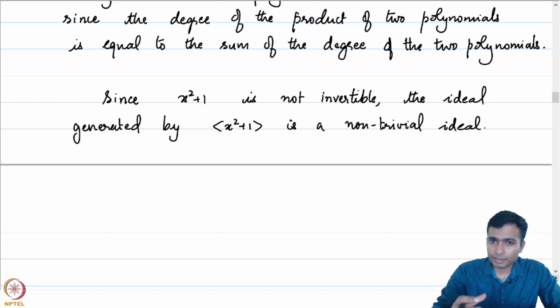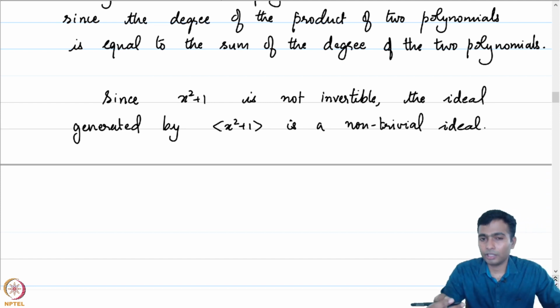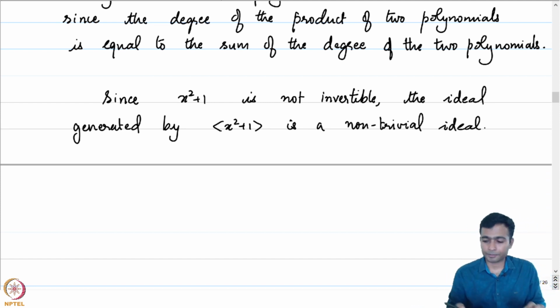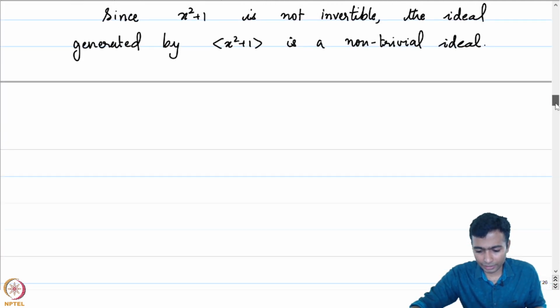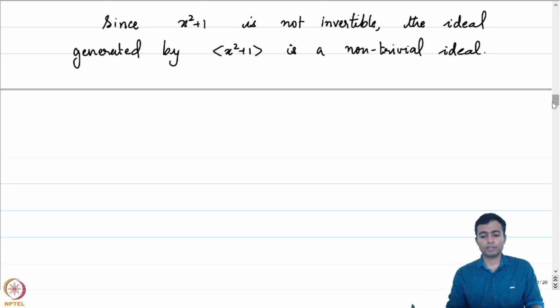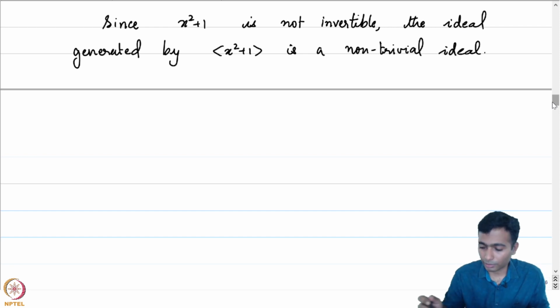And the ideals are the right objects with which we take quotients in a ring. So what will happen if we take the quotient of R of x by the ideal generated by x square plus 1? We will be killing x square plus 1. That will be the right place to look for a root of x square plus 1.